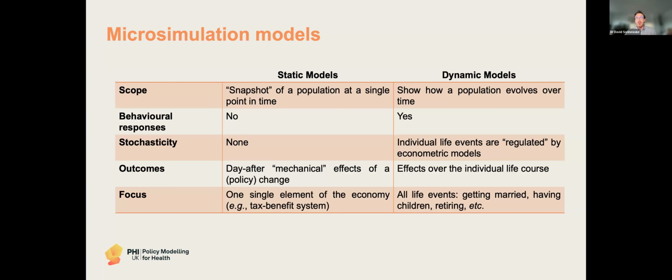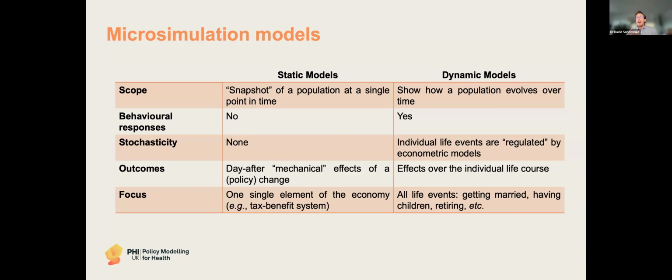So there is absolutely no randomness in the effects that the policy has on any output of interest. And so static models measure what's called the day after effect. It's a purely mechanical effect, as if the reform was implemented overnight.